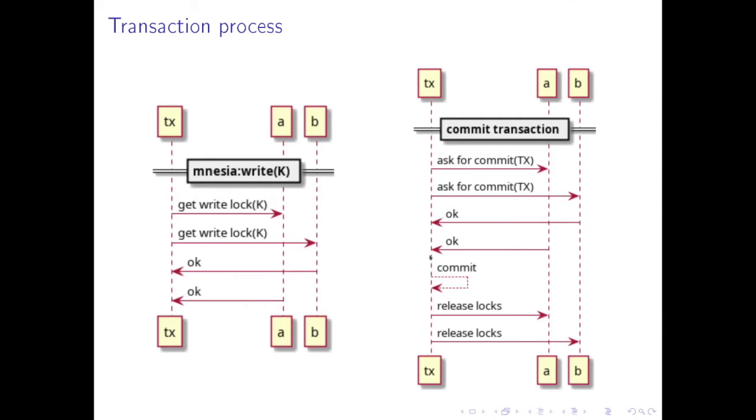Suppose everything goes fine, we receive OK, the transaction commits, it does some other stuff, and finally it sends messages to release the locks, again to each and every node. And if there were 3 nodes, the transaction process would have to talk to 3 nodes, etc.